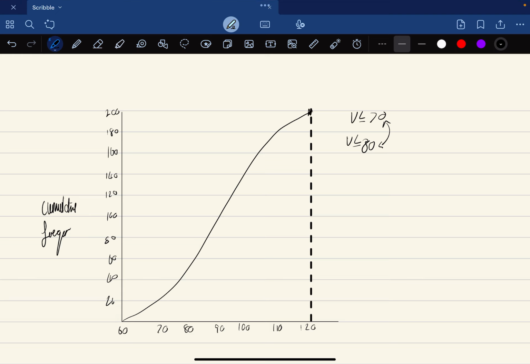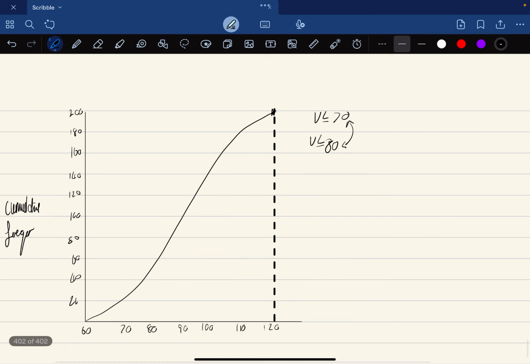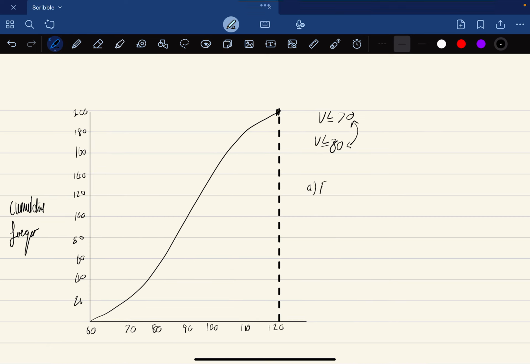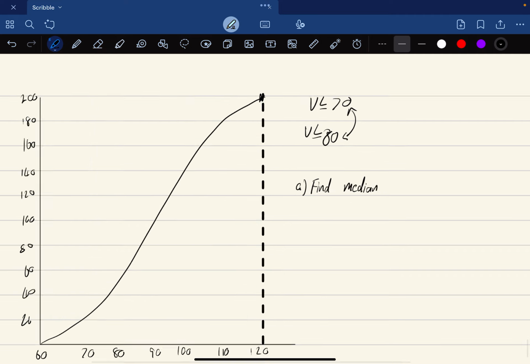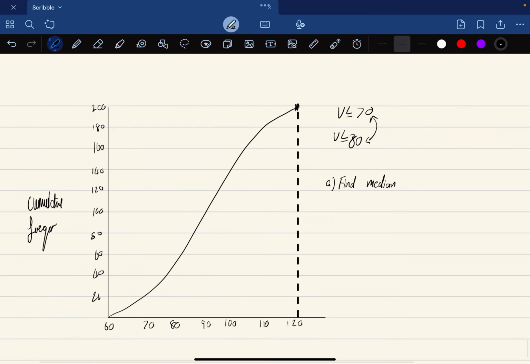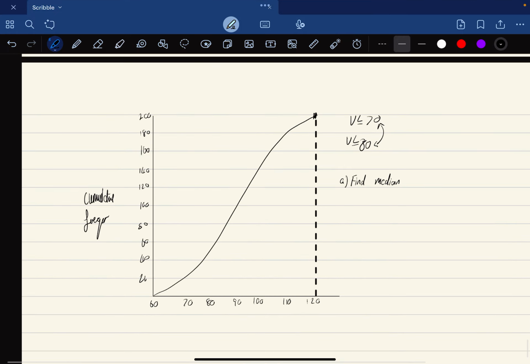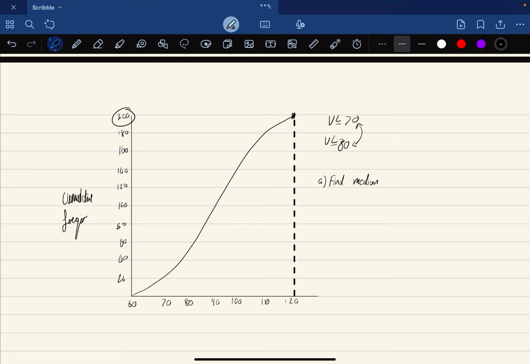So just looking at the questions you're struggling with quickly, the first thing is it asks you to find the median, okay? So we know median is the middle value, right? So it's the value in the middle of the distribution, middle of the data. We have 200 people we're recording from.